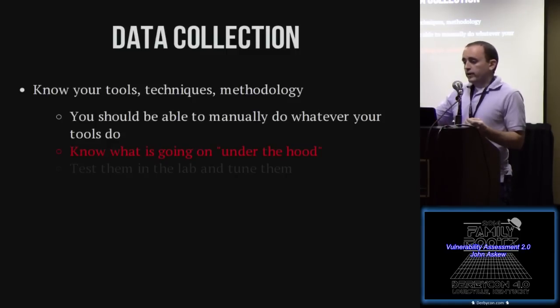Is it running a remote registry query and looking at a specific string, matching that? Is it looking at a specific file on the file system and looking at the metadata and pulling a string out of that or something? Is it running a SHA-1 checksum against the file and then matching it to a database of known binary files? There's lots of different ways that you can do this.